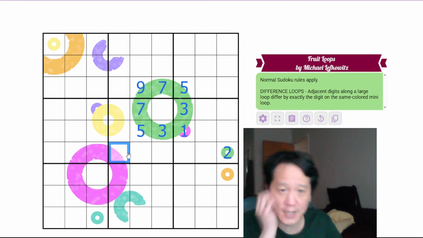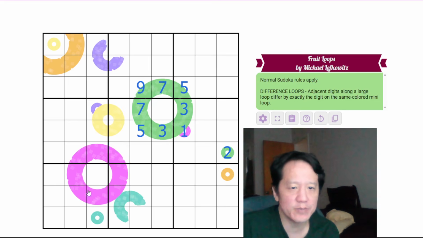We know this cannot be 3, 5, or 7. It's got to be the middle digit here. So that means it's got to be 5 through 9, 4 through 8, 3 through 7, 2 through 6, or 1 through 5? Well, this can't be 3.